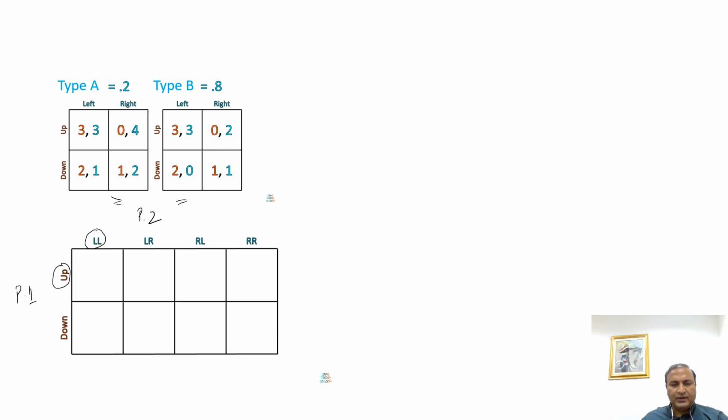If player 2 is type A, then the payoff for player number 1 is 3, and if he is type B, then again the payoff is equal to 3. So basically player 1 is not sure about the payoffs, so what we can do is calculate the expected payoff.